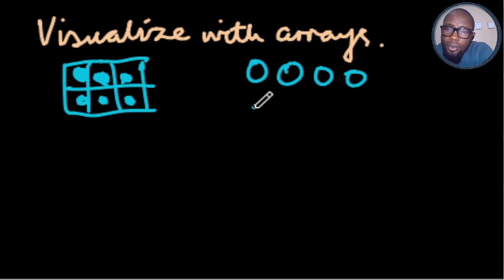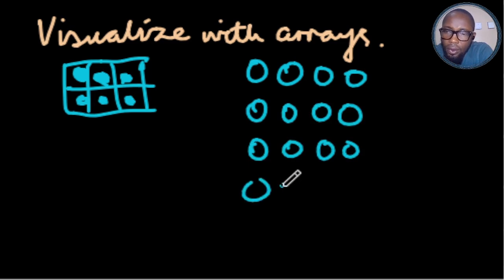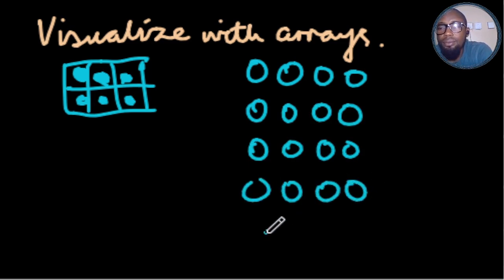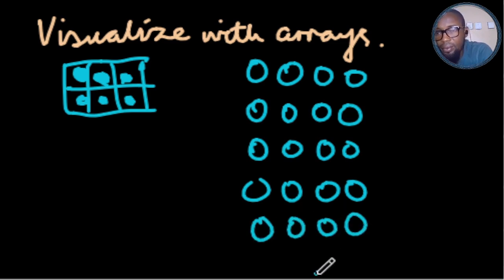We can also use this visualizing with arrays to look at multiplication tables. For example, having a 4 times 5, you need to picture it as 4 in 5 rows. 4 times 5, 4 in 5 rows.